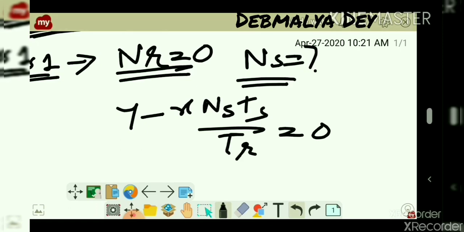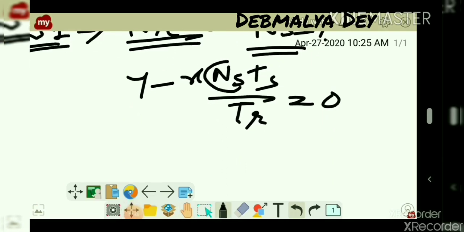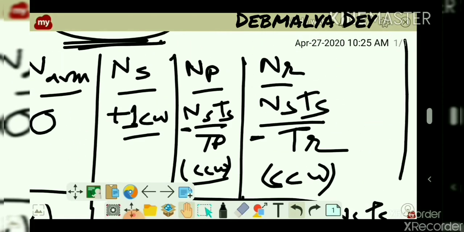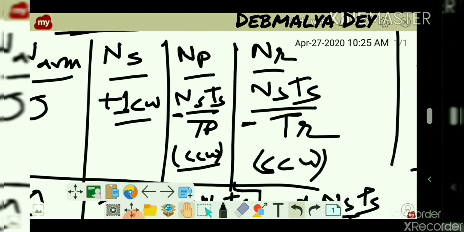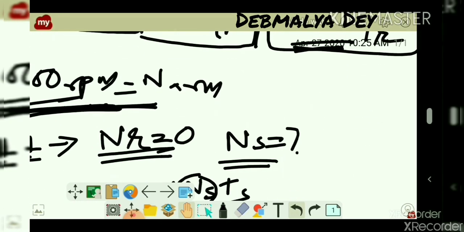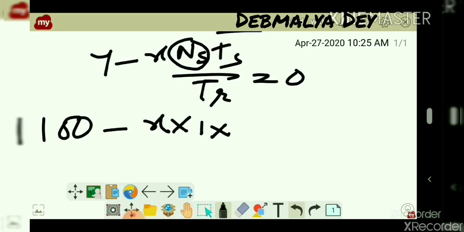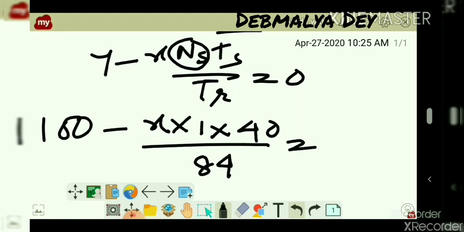Now here we will put all the values. The value of ns is plus 1, we can see from the chart. So the value of y is 100 minus x into 1 into ts, the sun gear is given 40, tr is given 84, equals 0.